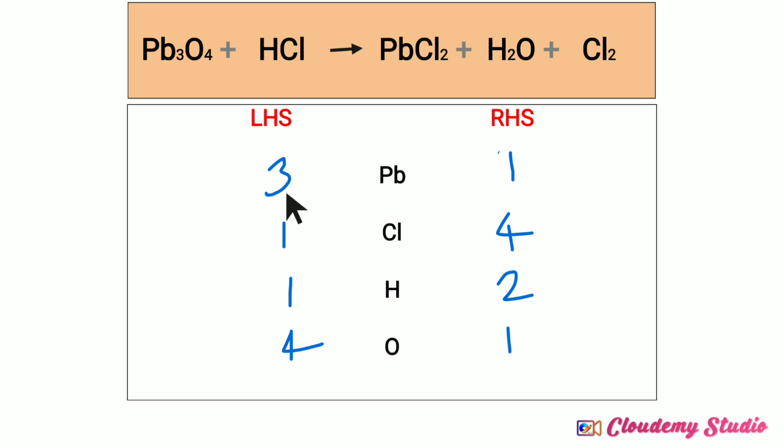When we check the atoms of lead, on the left hand side 3 atoms are present, but on the right hand side only 1 atom. Therefore, in order to make the atoms equal, we need to multiply this 1 by 3. Where is this lead present?